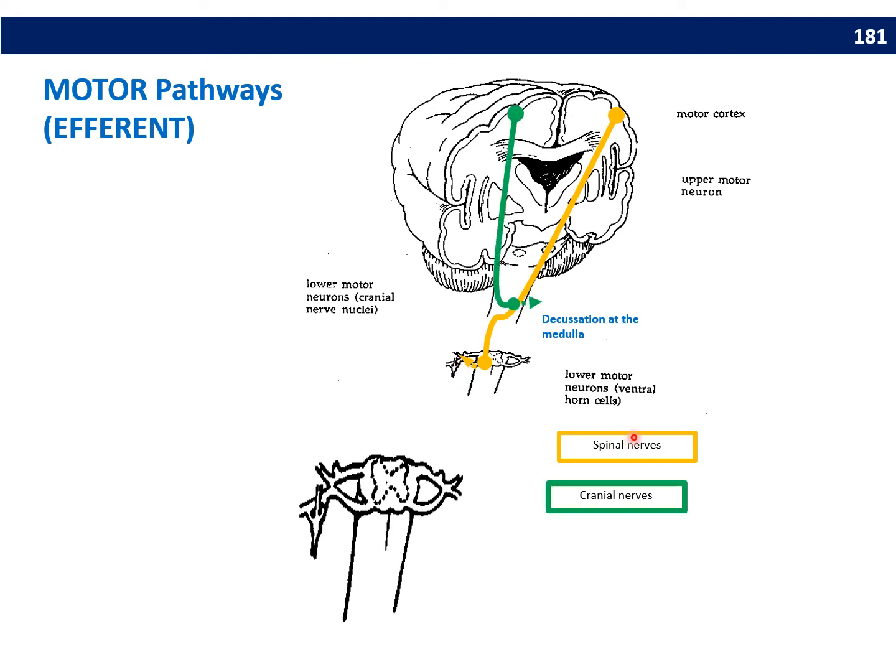Now, cranial nerves still originate in the cerebral cortex, but then the lower motor neurons are located in the brainstem as opposed to the ventral horn. And from there, they exit the brainstem to go to the targets as we've discussed.